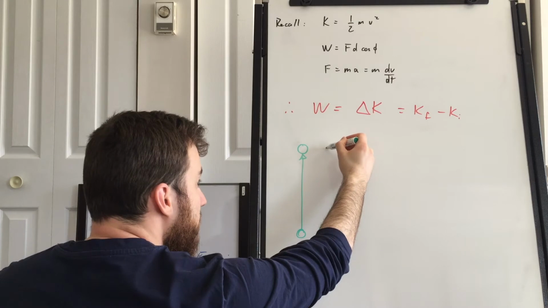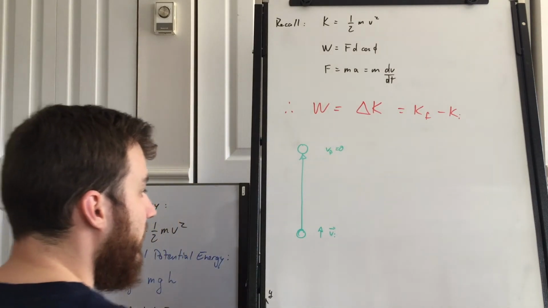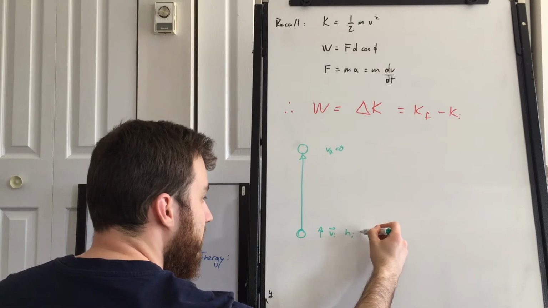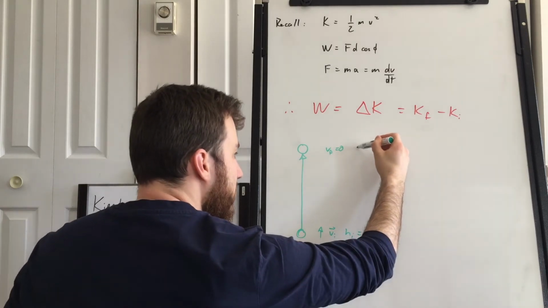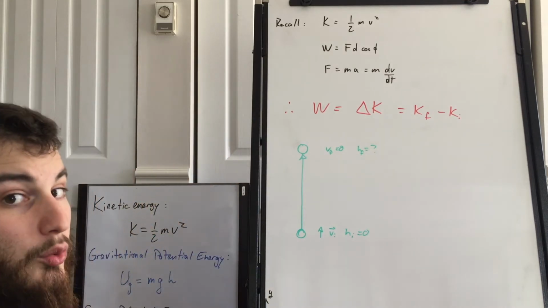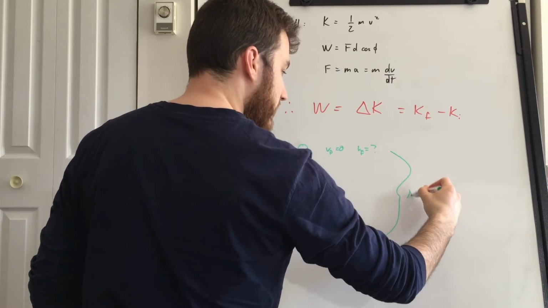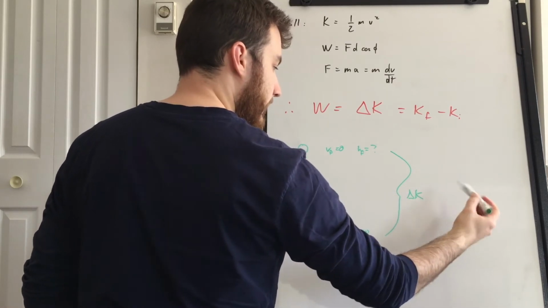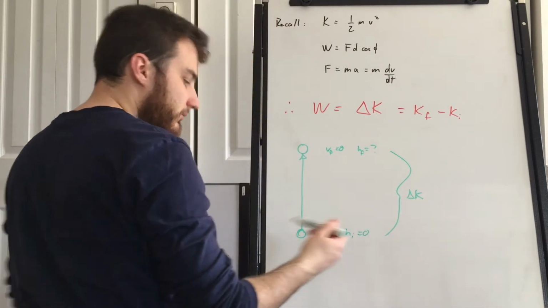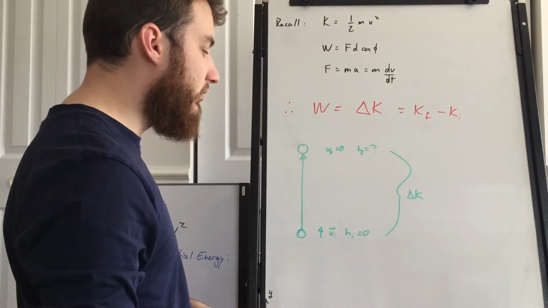And it ends its motion here with some final speed of 0. It started here at a height of 0, and it ended here at some unknown height that is greater. We see that there's a change in kinetic energy by the fact that we don't have the same velocity.